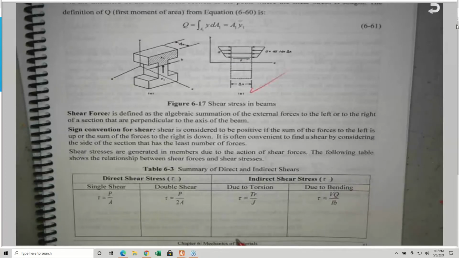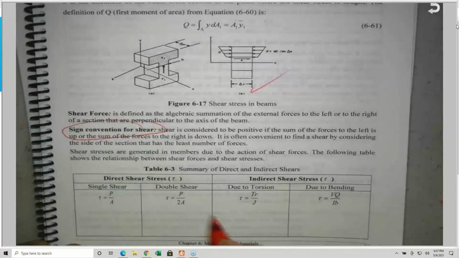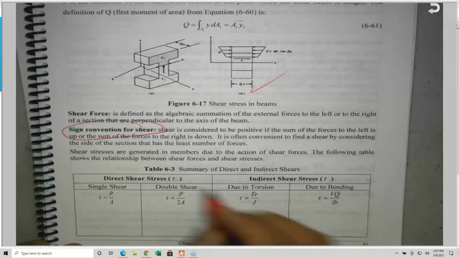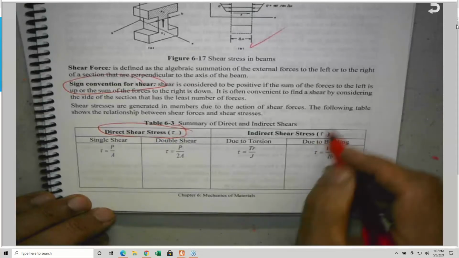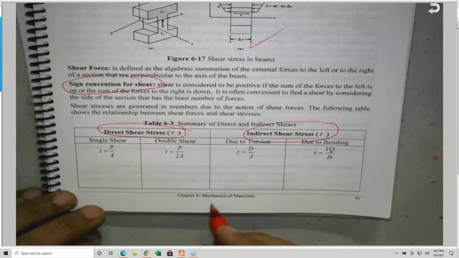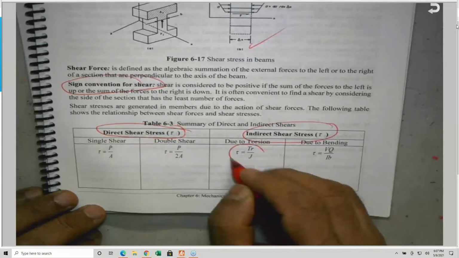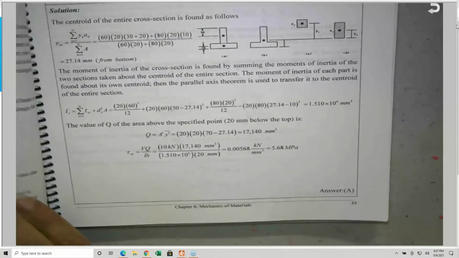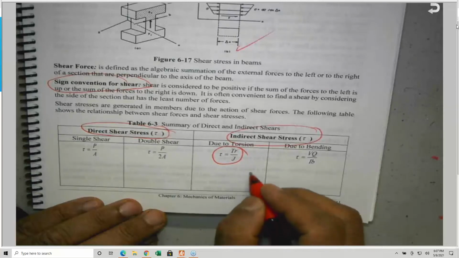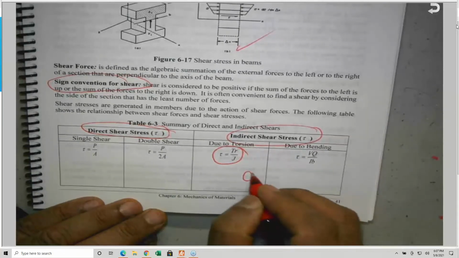This table here is giving you a little bit of sign convention, obviously. For shear, we have something called direct shear and indirect shear. The indirect shear, this one here, we already saw, which is due to torsion. So this is the one we talked about.